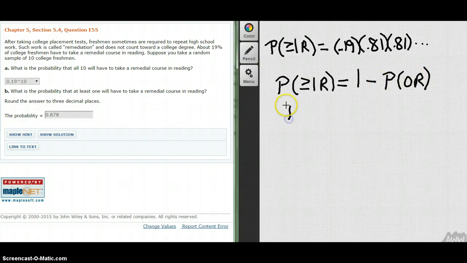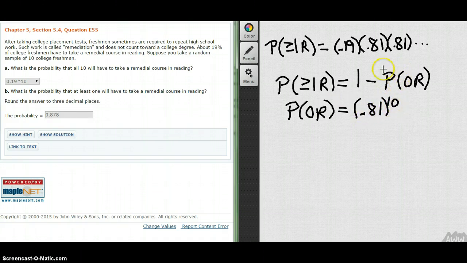And this is fairly easy to calculate because we need everyone to be not remedial. Well, there's an 81% chance that any given student is not remedial. And so if we take 0.81 times 0.81 times 0.81, since again they're independent, or we're assuming they're independent, we take 0.81 to the 10th.